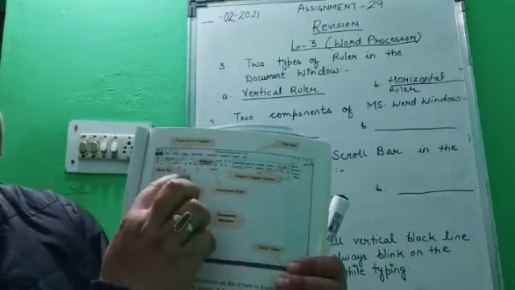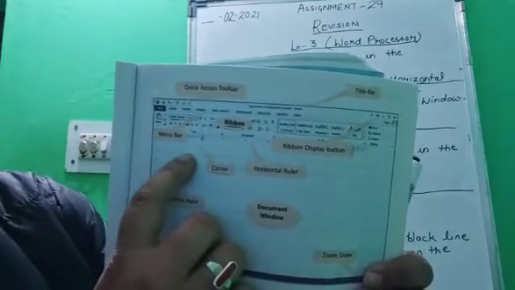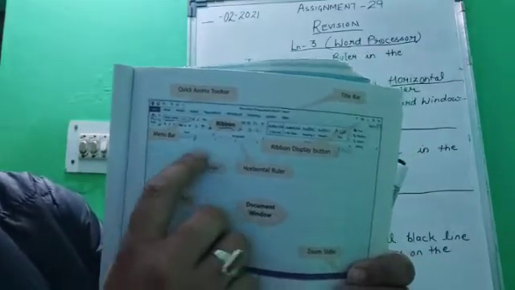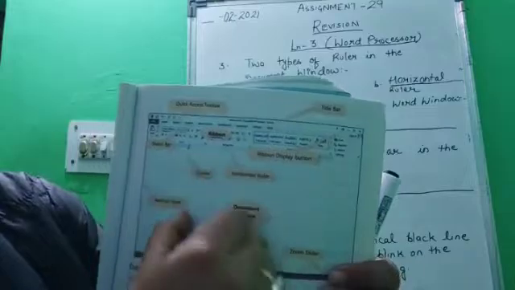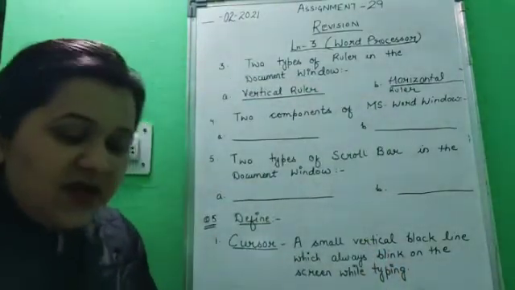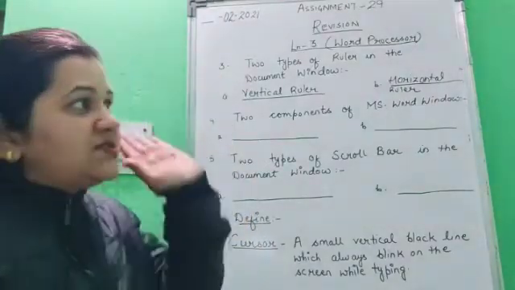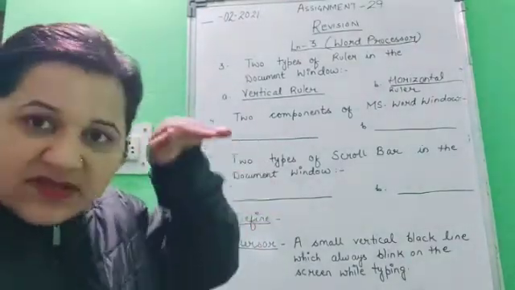They help us to set the margin. Here you can see one icon. It means from here only you can start typing. In the rest of the part you are not supposed to write. So this is the margin set with the help of these rulers. The vertical margin is the standing margin and the horizontal margin is the laid down margin.